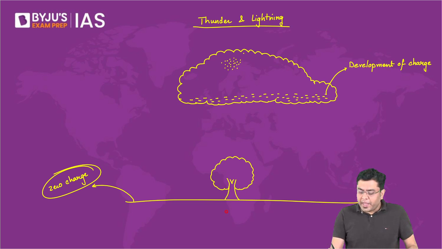Now that is where sometimes what you will observe is that there is a significant amount of flow of charge. There will be a sudden movement or flow of charge. And that is what we experience as lightning events.